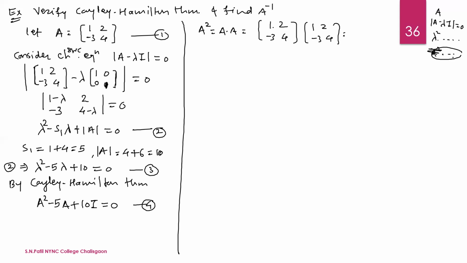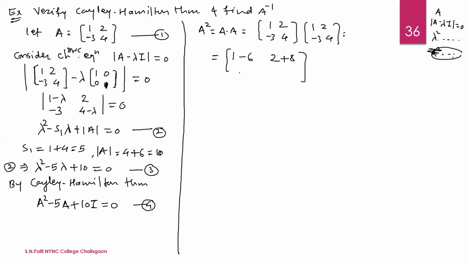Now the first row multiplied by the first column: 1 into 1 is 1, minus 2 into minus 3 is minus 6. First row multiplied by the second column: 2 into 4 is 8, plus 8 is 16.